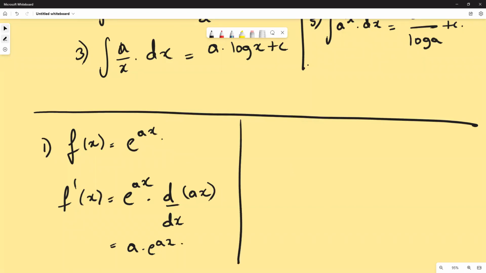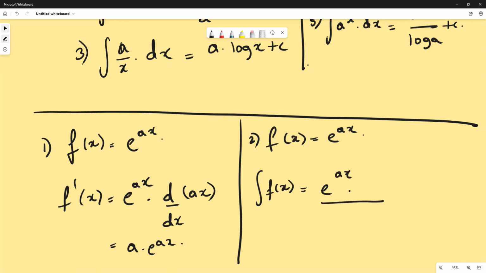Whereas on the contrary side, if I give you the function e power ax in integration, then the integral of f of x is nothing but e power ax into 1 by d by dx of ax.